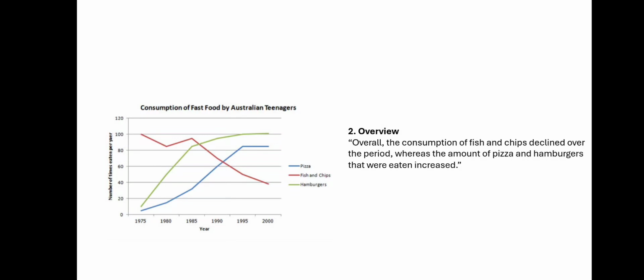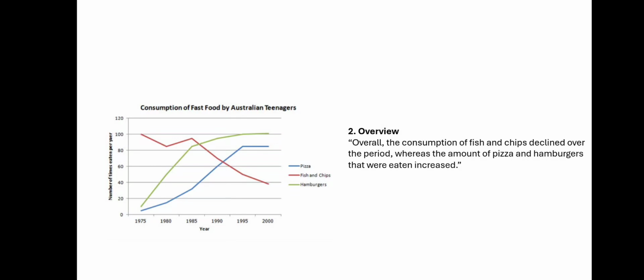Number two is the overview. This paragraph is the most important paragraph in your IELTS Writing Task 1 report. This is where you collect all the key features shown in the task and present them together. This paragraph has a direct impact on your score for Task Achievement, which is 25% of your score.